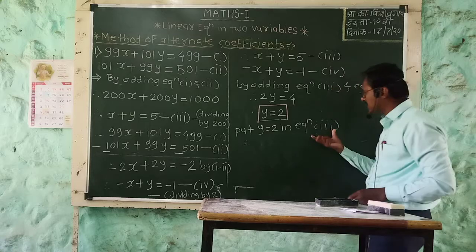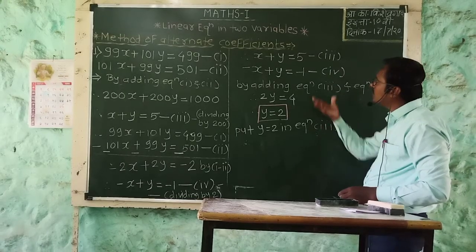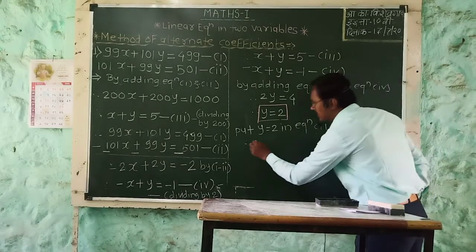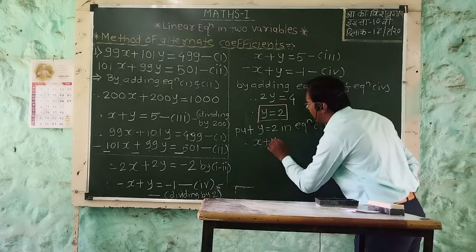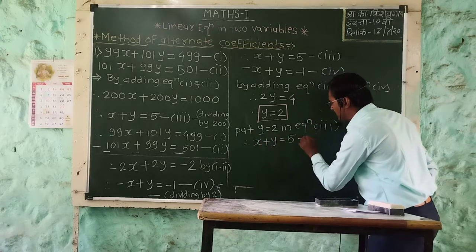Therefore, write equation 3: x plus y is equal to 5.